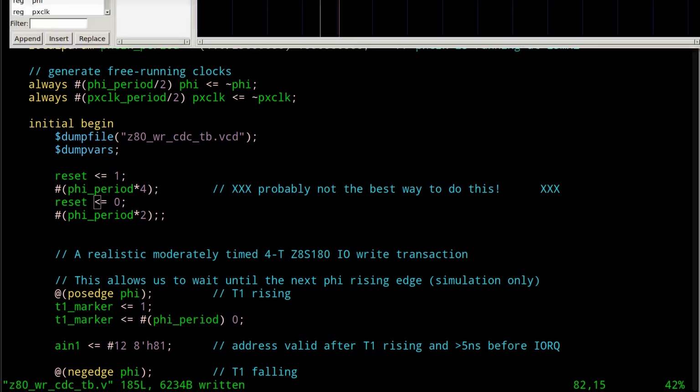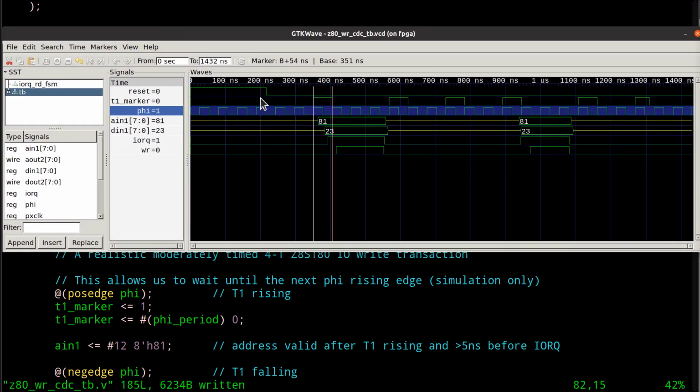When you look at the waveform viewer like this, it would have a tendency to shift this edge over a little bit, which I've always thought of as being far more realistic than seeing it go low at the exact same time as some clock edge. All right, well, it might go low at the exact same time as a clock edge.